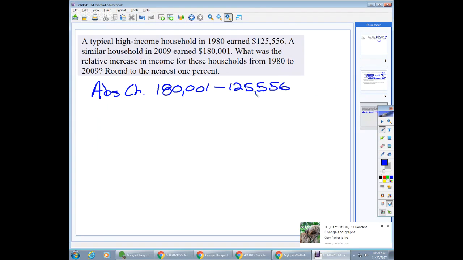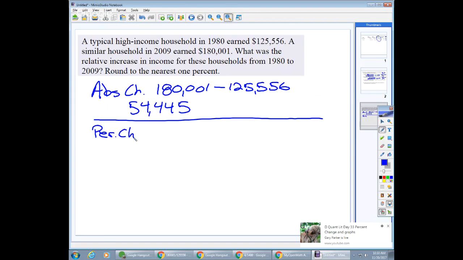And then I get, that was what, 54,445 for the change. To get the percent change or relative change, I just divide those two. So I take the absolute change and divide by the original amount where we started, 125,556. And that came out to about 43%.